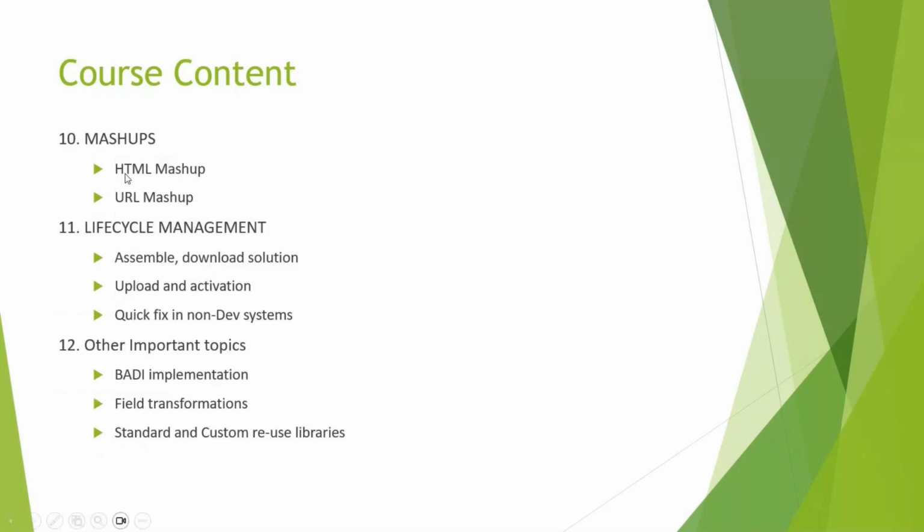Yeah, and then mashups. Majorly we are using HTML mashup and URL mashup, so these two mashups we will cover. And lifecycle management. Let's say you have developed a solution in a dev tenant, we'll cover how to assemble and download that solution, how we can upload it to a test or production tenant, and then the activation of those solutions. And in non-development systems, we can do a quick fix.